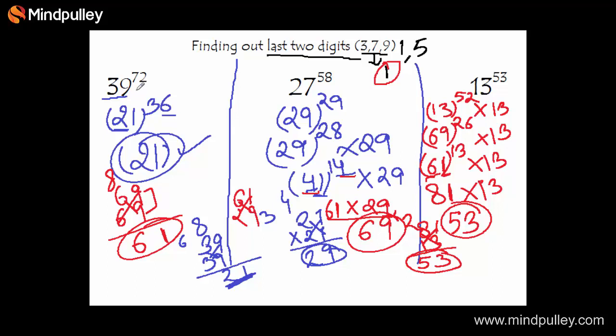In 39 we converted it to 21, which ends with 1. That's why we solve it using the method of 1. In 27 we got 29, then again 41. It also ends with 1, 41. That's why we use the method of 1. In 13 power 53 we also converted it to 69, then 61. 61 also ends with 1.